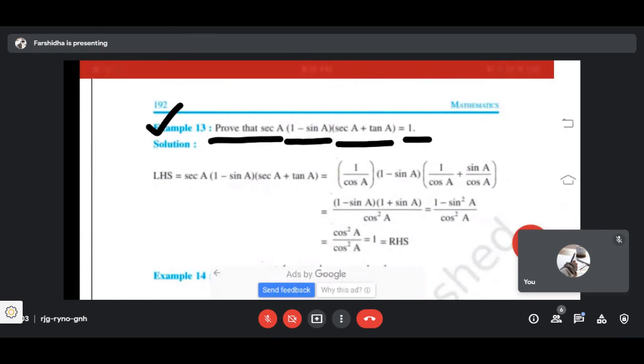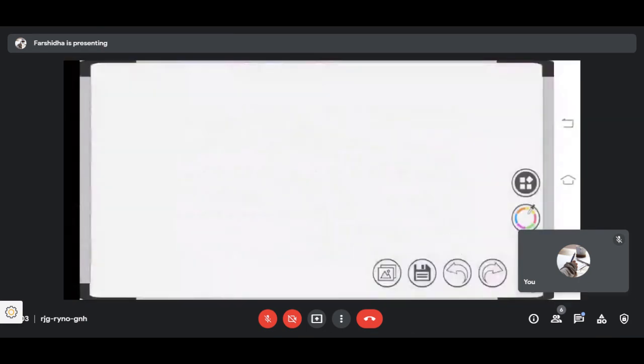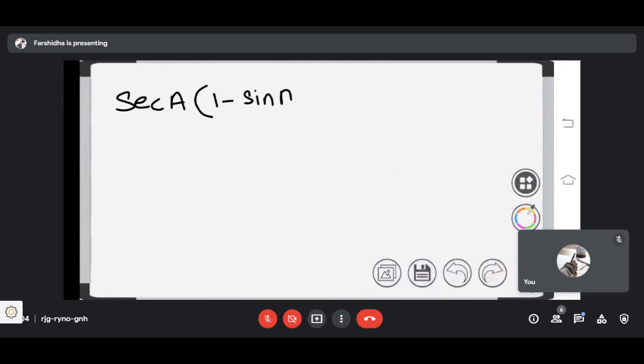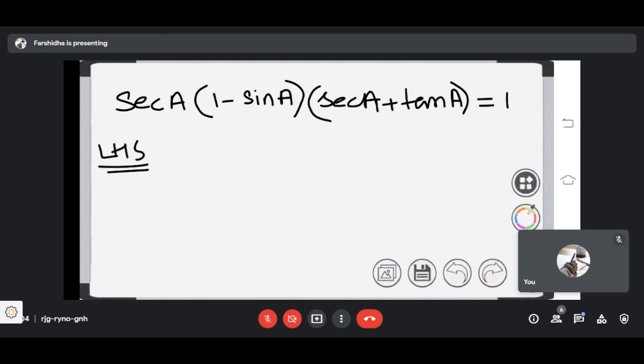Okay, I'll write the question. We need to prove sec A into 1 minus sin A into sec A plus tan A equal to 1. So we'll take the LHS first, and we'll prove that LHS equal to RHS equal to 1.